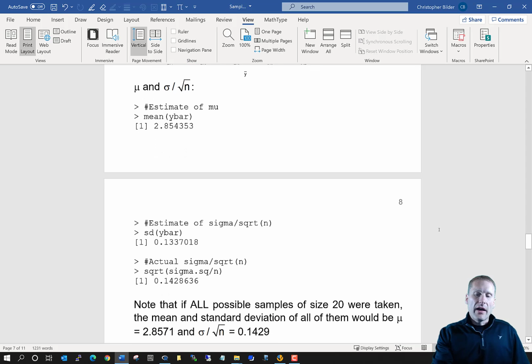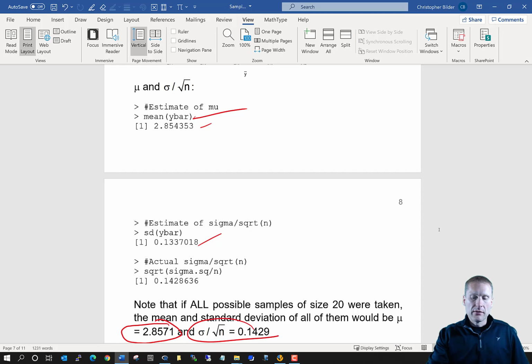Well, let's actually find the mean of all those sample means. I get 2.85. Suppose I find the standard deviation of all those sample means. I get 0.13. Well, compare that to what we know this should be based upon our proof before. Mu is equal to 2.8571, and sigma divided by square root of n is 0.1429.